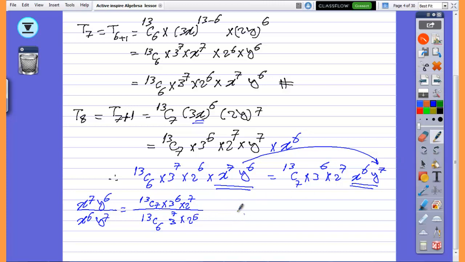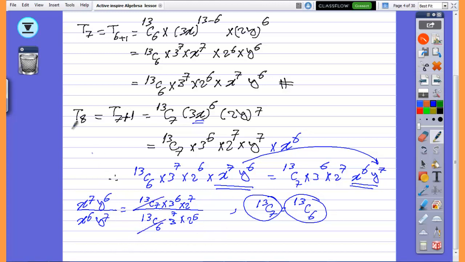Note that 13C6 equals 13C7, because 7 plus 6 equals 13. So they are equal. So we can say 13C7 divided by 13C6 equals 1.